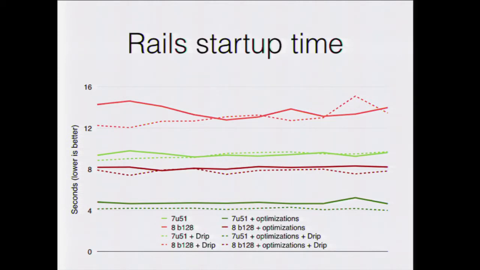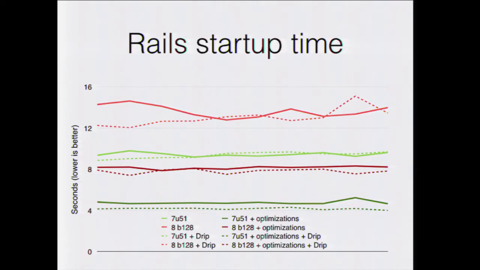Light colors are no optimizations, and the dark ones have optimizations that I'm going to talk about in the next slide. And the solid lines are for no Drip, and the dashed lines have Drip used. So you can see that for this benchmark, using Drip, Java 7, and the optimization flags will yield the best results.